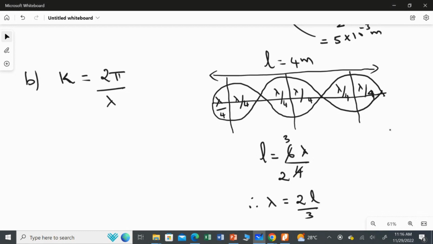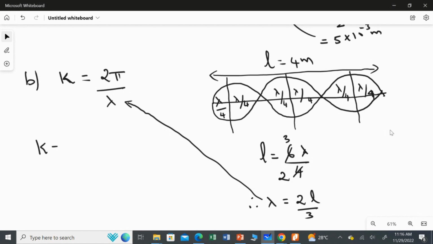Right? And this L value is already given. So first of all, I'm going to substitute this, and later on I'm going to substitute the value. If you substitute this lambda here, your angular wave number K is equal to 2 pi over 2L over 3, and this 3 will go to the top, right?